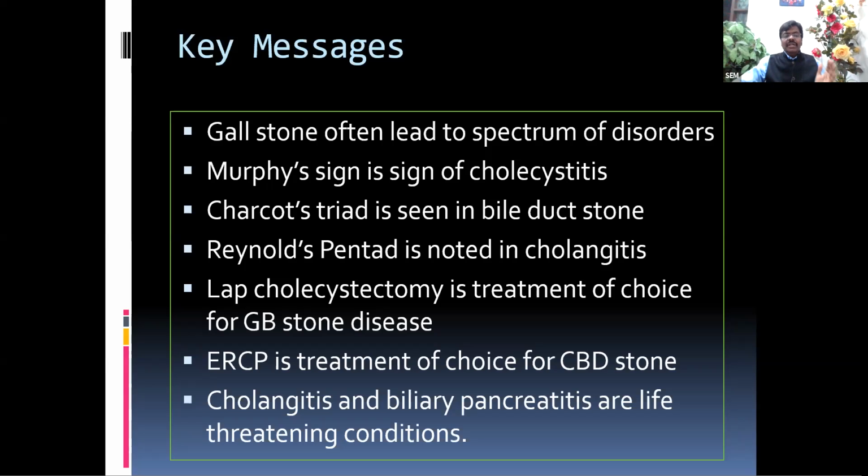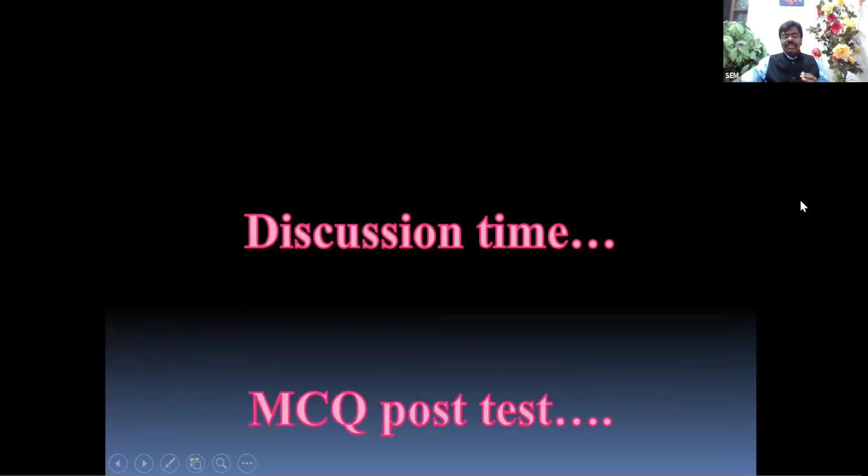Examine in a patient, try to explain to the examiner without any hesitation. Charcot's triad, Reynolds' pentad. Lap cholecystectomy, you should be able to tell clearly because you have seen an operation just now. ERCP, what is that? It is an endoscopic procedure using a special side-viewing duodenoscope in order to remove the stone in the bile duct. Okay, so these are all the summary.